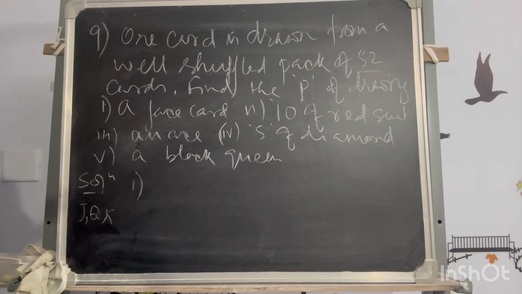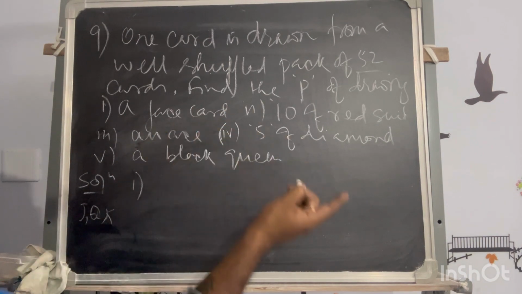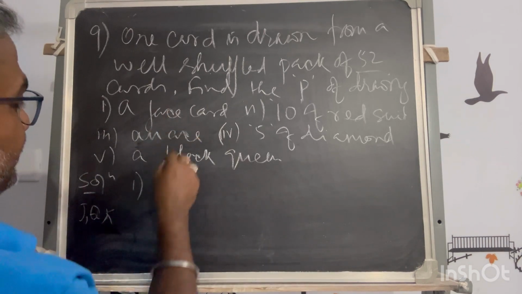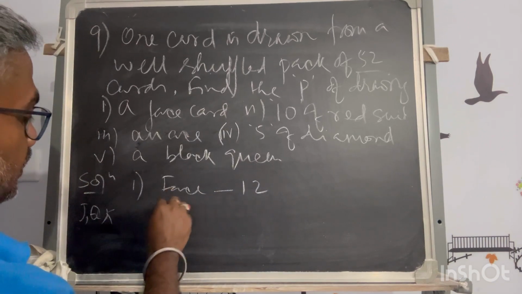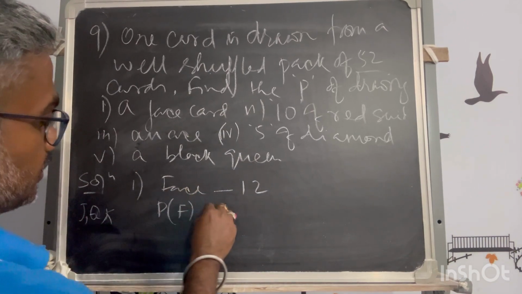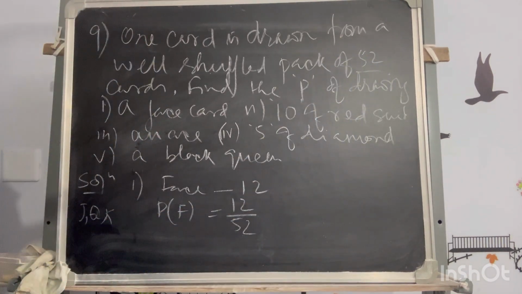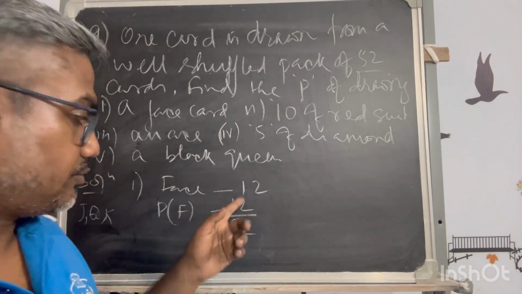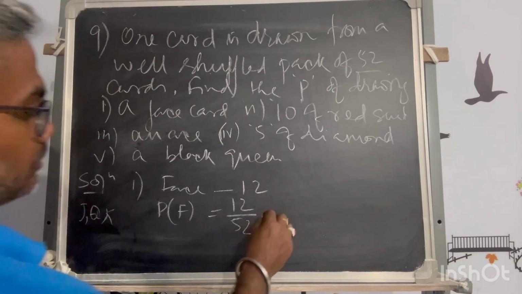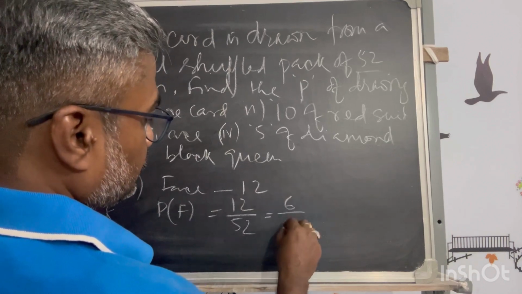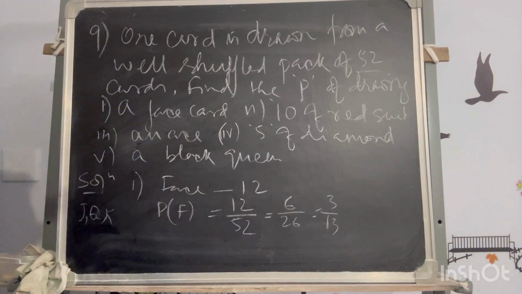So each suit has 3 face cards, and with 4 suits the number of face cards is 12 out of 52. So the probability of getting a face card is 12 favorable cases over a sample space of 52. This you can reduce to 6 by 26, then further to 3 by 13. So this is the probability.